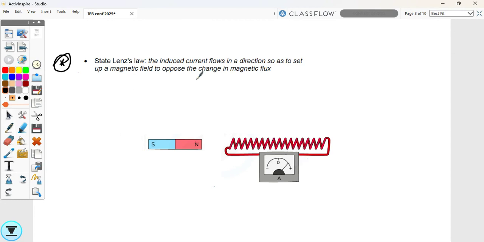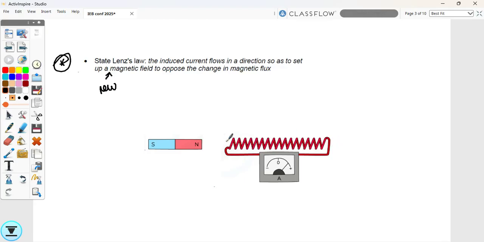So what is very simple to do to make this law more understandable, I don't know if I'm allowed to even say that, is if you say to set up, and just in there say new, so that they know there's a new magnetic field that is going to be created because of the current flowing in that coil.